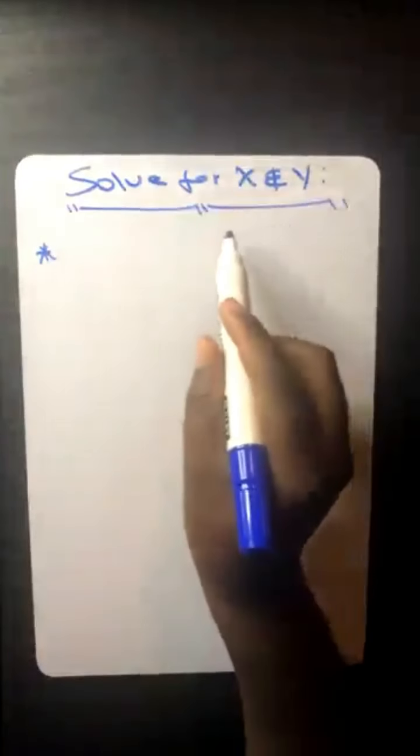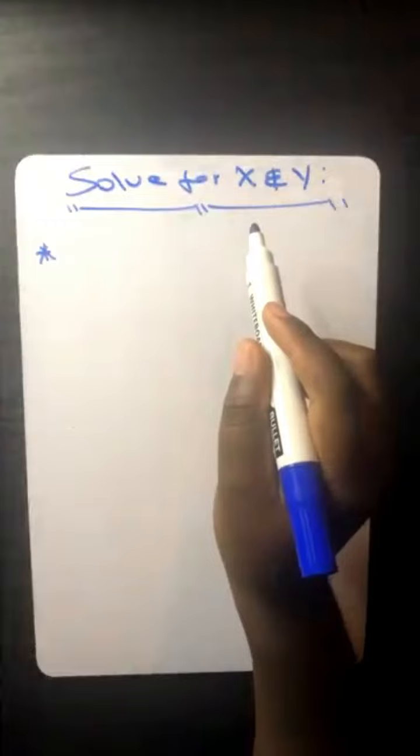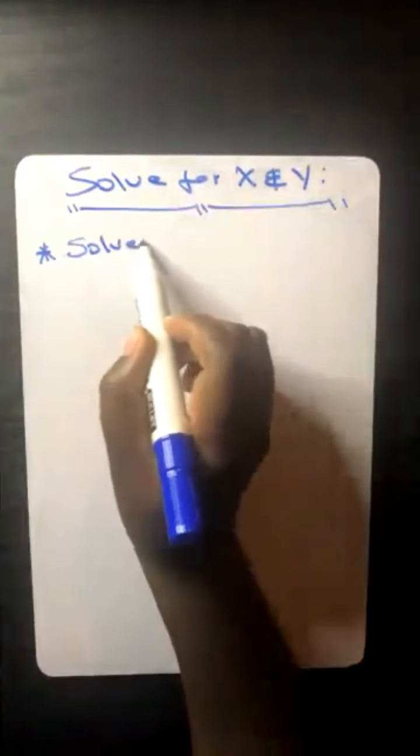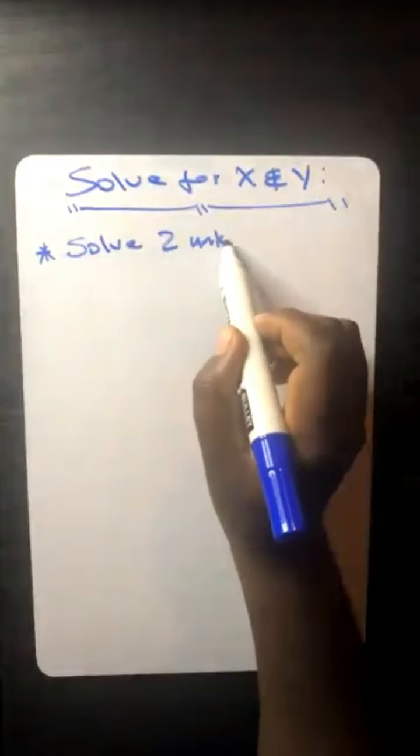So you can just write this as part of your notes. Normally when we solve for X and Y, it means you solve two unknowns.